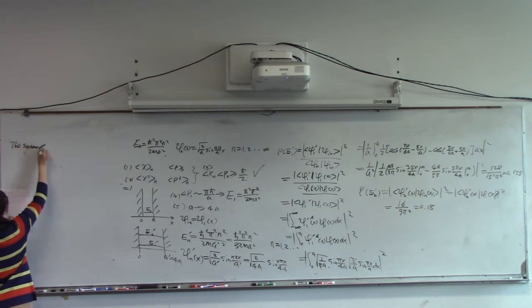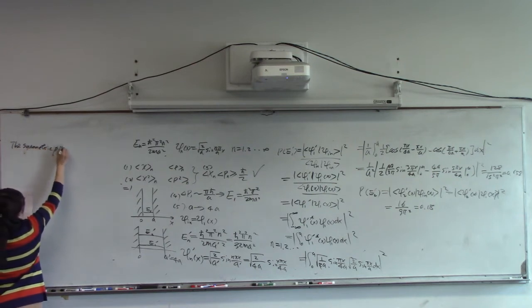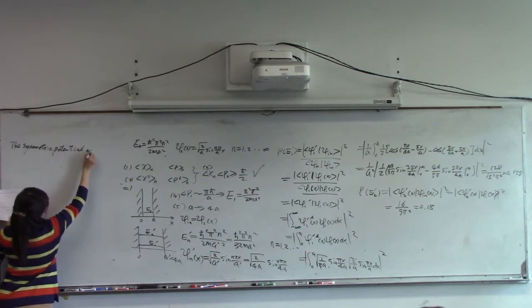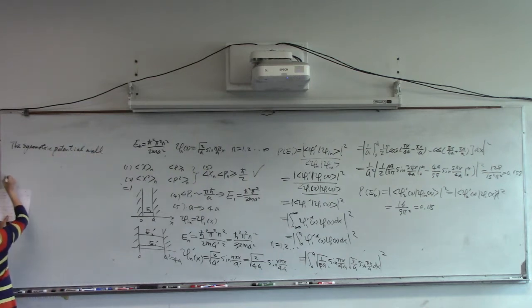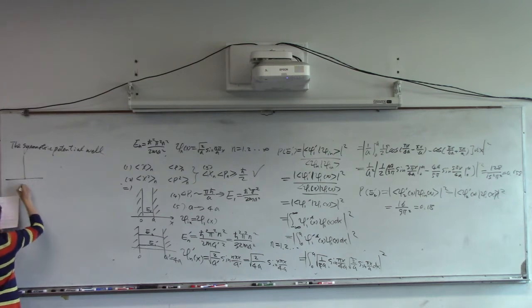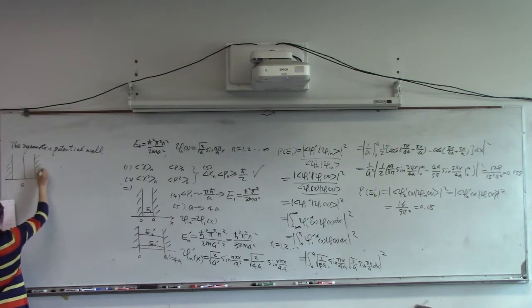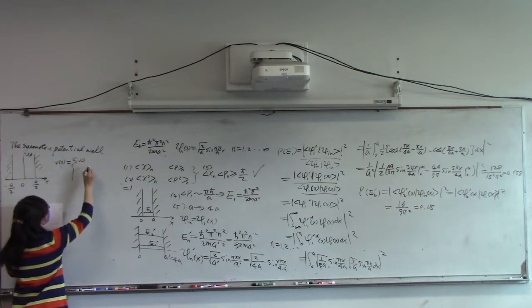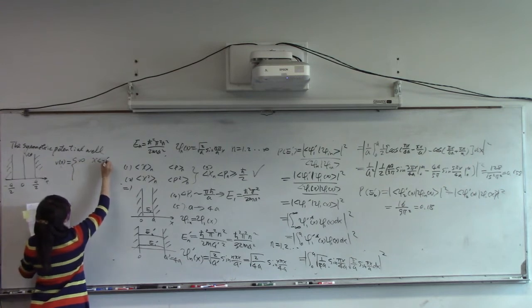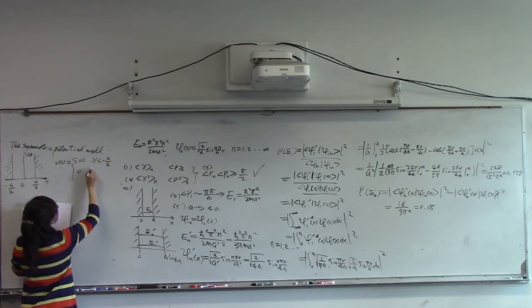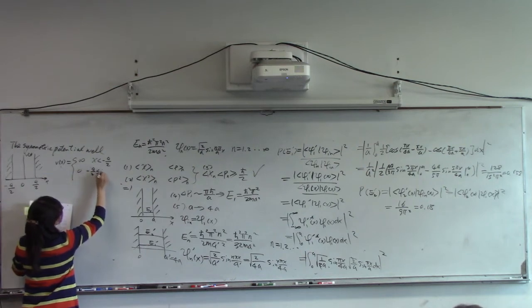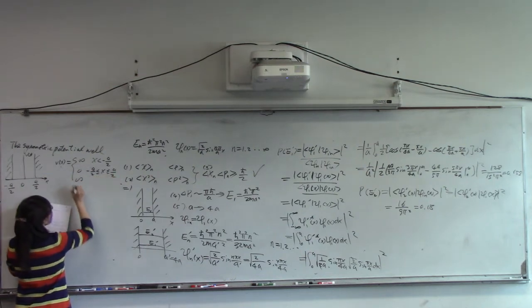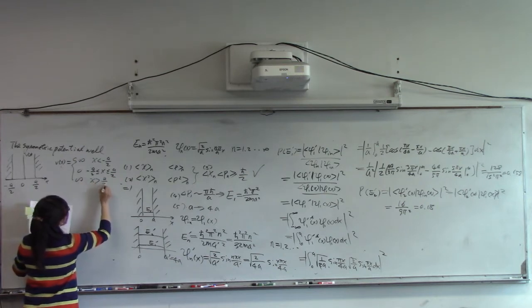If the potential is a symmetric potential, well, it's like this. Here, this is 0, right? So this is x. Now we have the symmetry here. So V of x is infinite when x is less than negative half a, and 0 in this range, and again infinite when x is larger than half a.